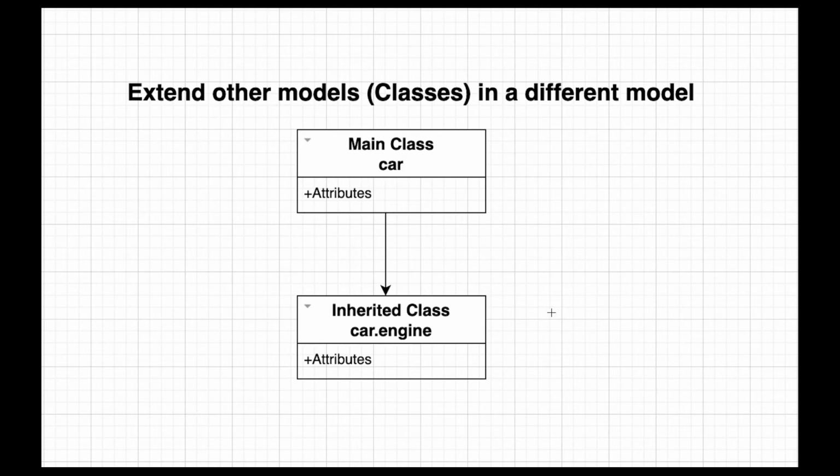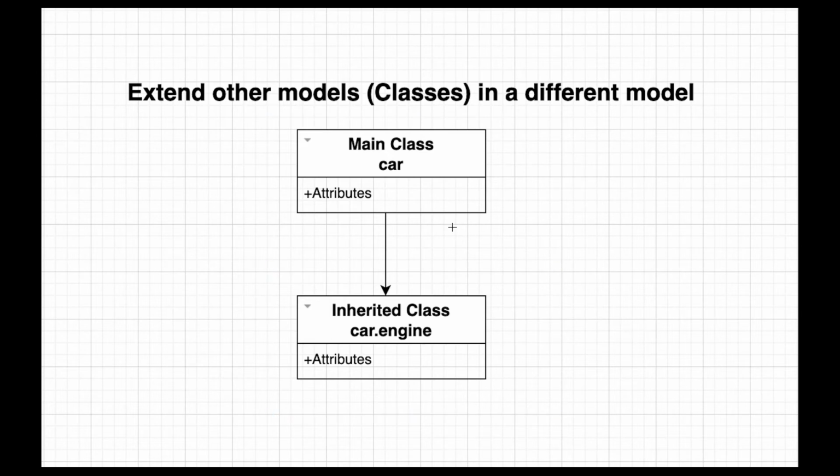One more thing: car.engine can inherit more models. Here we are using car, but you can also use a tires model, spare part models, engine design, something like this. This is the basic example for the multi inheritance concept.